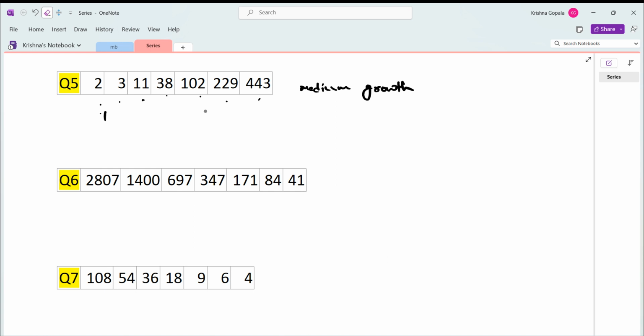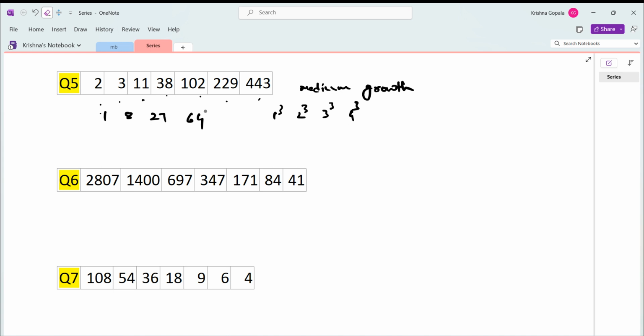1, 2 plus 1 is 3, then 3 plus 8, then 27, then 64. You can see, right? 1, 8, 27, 64. That is 1 cube, 2 cube, 3 cube, 4 cube.